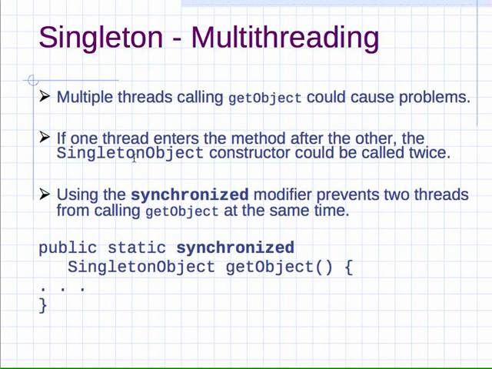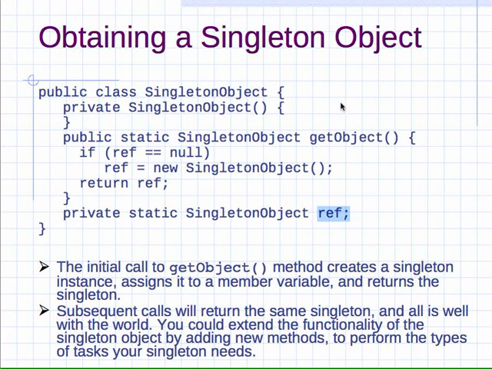Okay, so now what about multi-threading? Multiple threads calling the getObject could cause problems. So what we're saying is if there's two threads that call this getObject method, it is possible that one thread executes this, checks if ref equals null, and it is null.